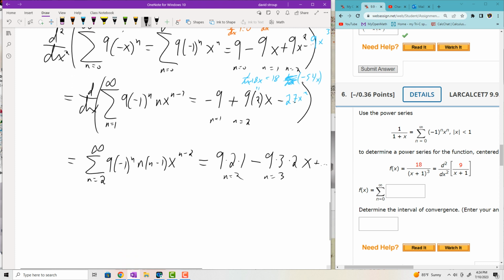No, sorry, buddy. They want your series to start at 0. Okay, so I need to move this guy. So I'm going to move the 2 over and do kind of a substitution on n minus 2. So n will be j plus 2. So the series will be j equals 0 to infinity of 9 times negative 1 to the, now n minus 2 is going to be, or it'll be j plus 2, but that will be the same as just j.